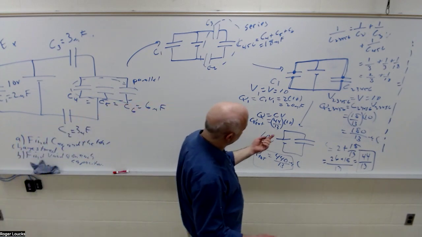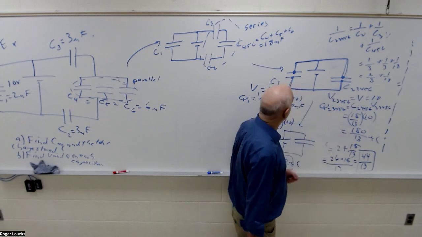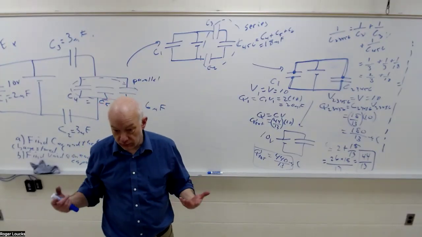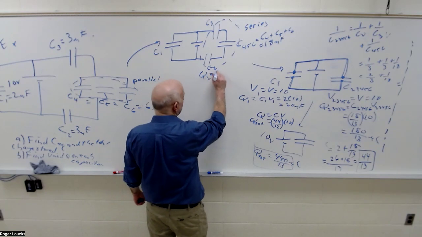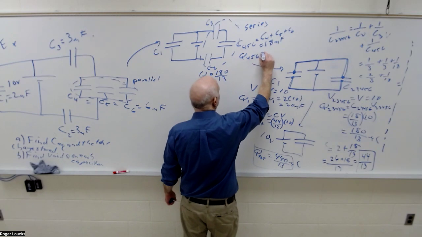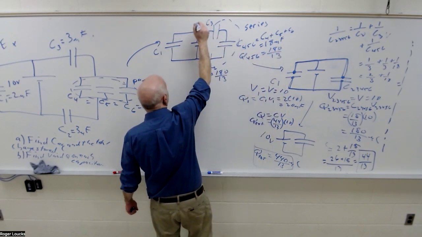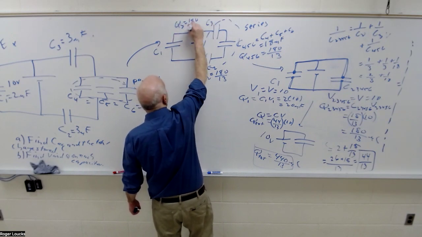So if I know that this charge is 180 over 13, that means the charge on each of these also has to be 180 over 13. So I can immediately say that Q2 is 180 over 13, that Q456 is 180 over 13, and that Q3 here is 180 over 13.